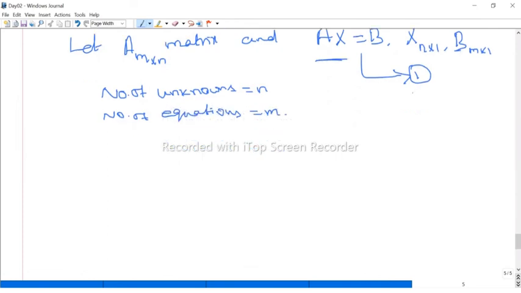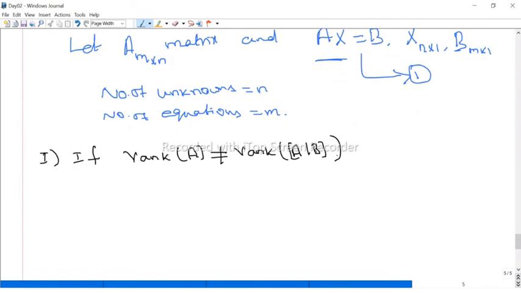First, if the rank of the matrix A is not equal to the rank of the augmented matrix, that is A adjoined with b, then the system 1 has no solution.